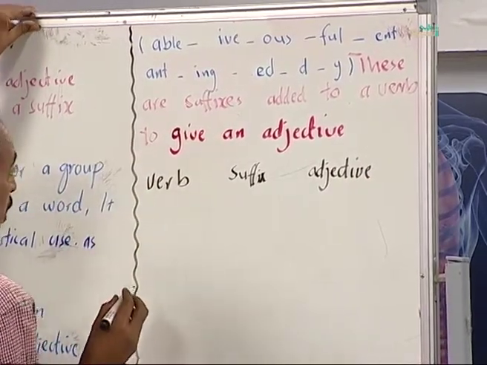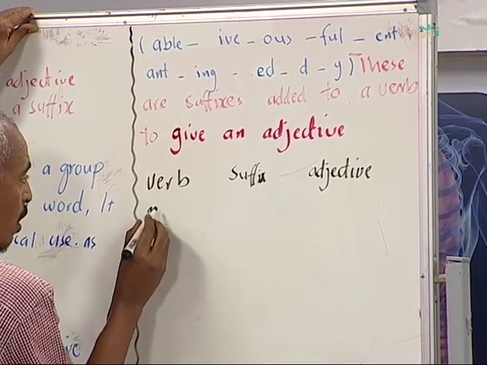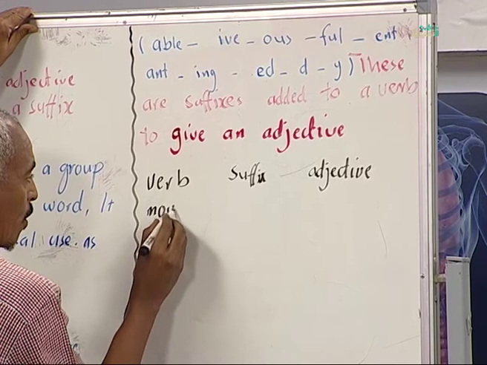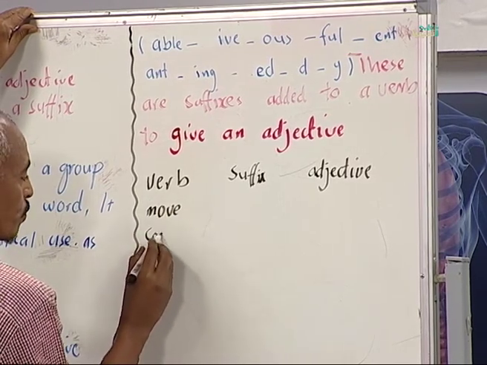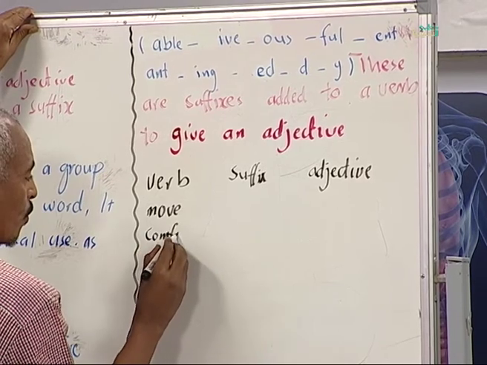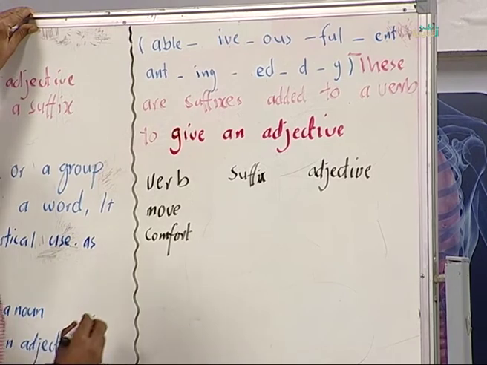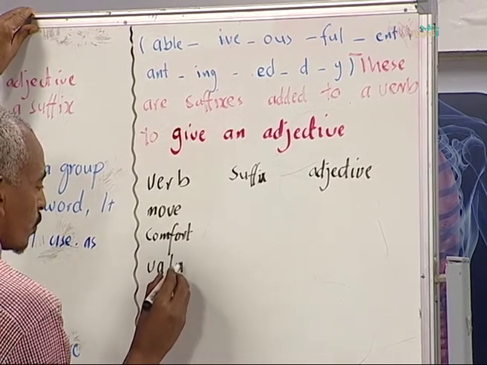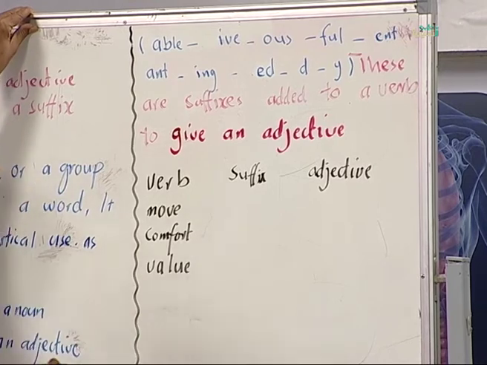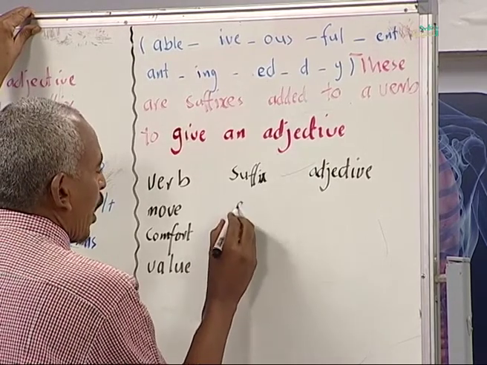For the verbs here, for example, move, comfort, value, we add to them the suffix able.